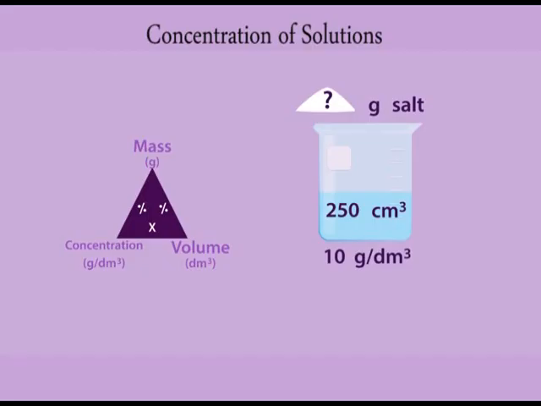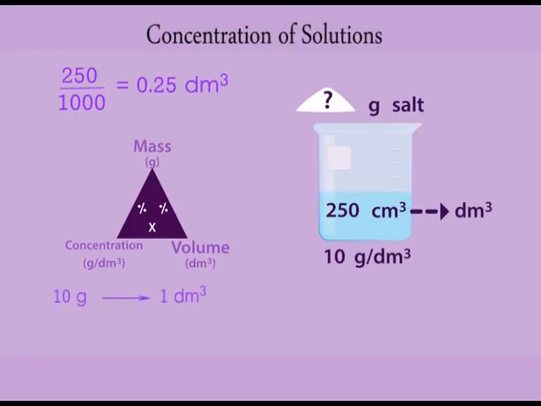The first thing to do is convert 250 cubic centimeters into cubic decimeters. How? By dividing by 1,000. So 250 over 1,000 gives us 0.25 cubic decimeters. 10 grams per cubic decimeter means 10 grams are contained in 1 cubic decimeter. But we have 0.25 cubic decimeters.